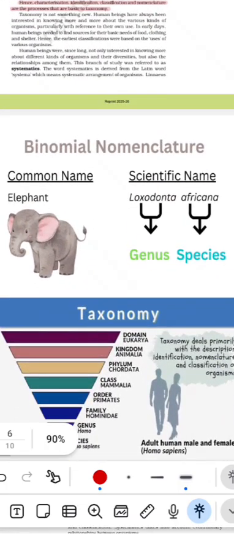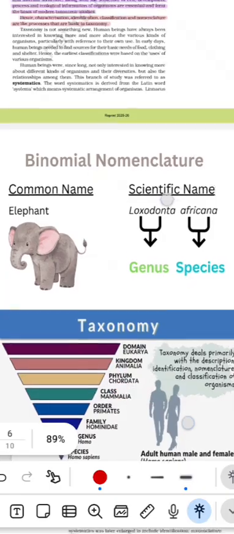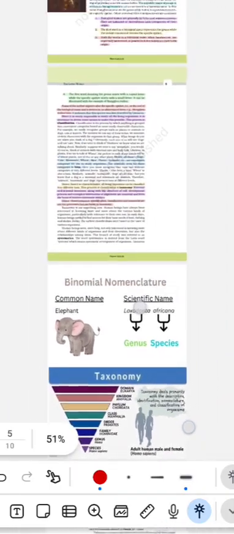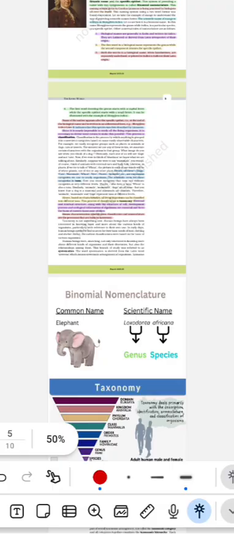Then class here is phylum for animals and division for plants.